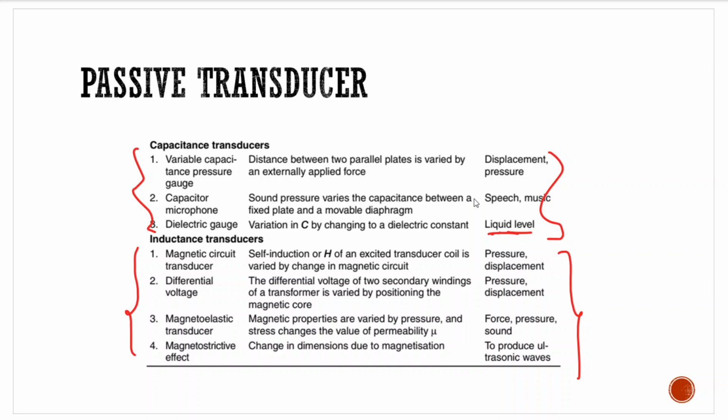And what we are trying to do is use their energy on some device that will either change the resistance, capacitance, or inductance of a system, and accordingly translate that change in resistance, capacitance, or inductance into an electrical signal. Fine. So all these devices will require an external power source for functioning.